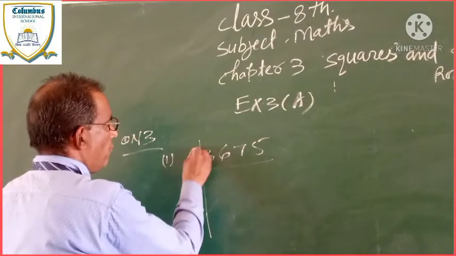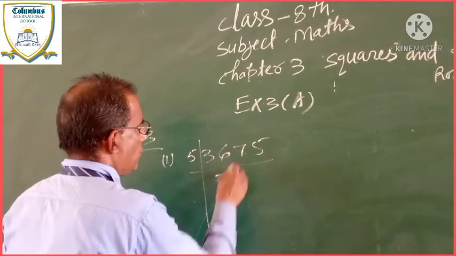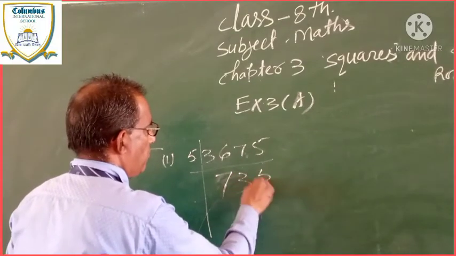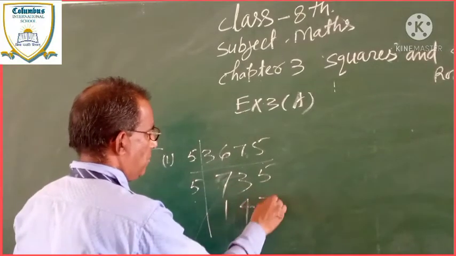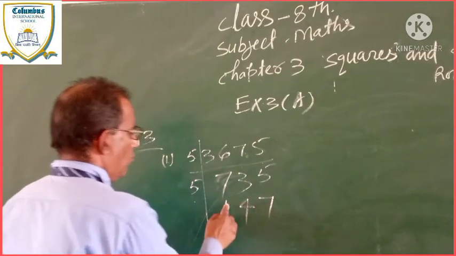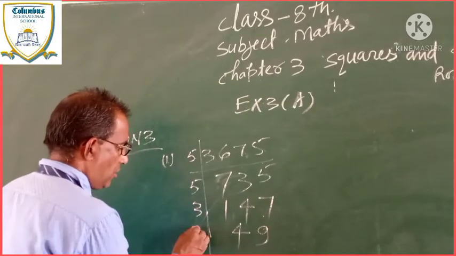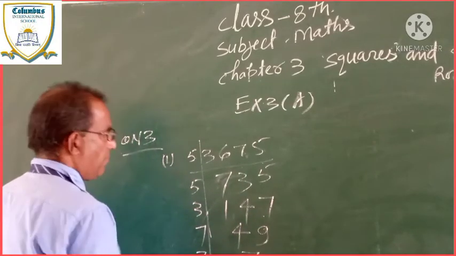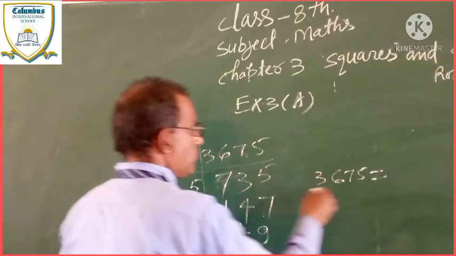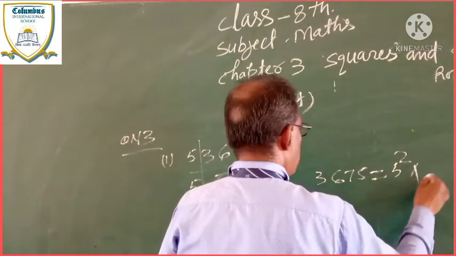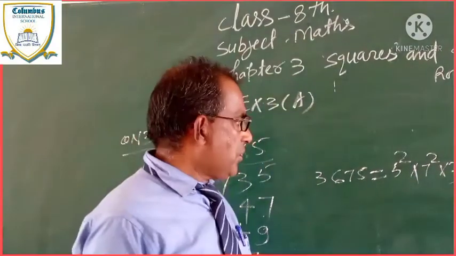Dividing by 5, 5 sixes are 30, 5 sevens are 35, and so on; then by 7, 7 sevens are 49, 7 ones are 7. Now we can write 3675 equals 5 square into 7 square into 3. 5 and 7 come in pairs, but 3 is alone.